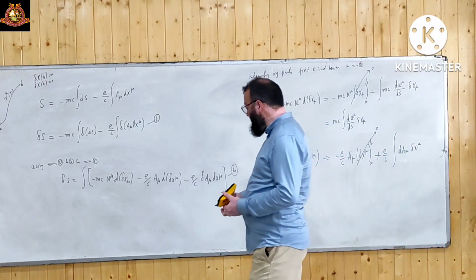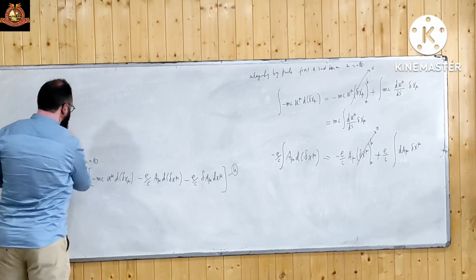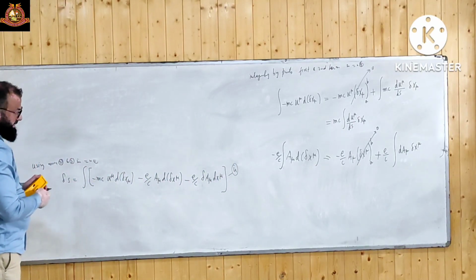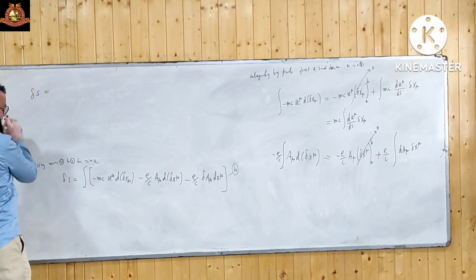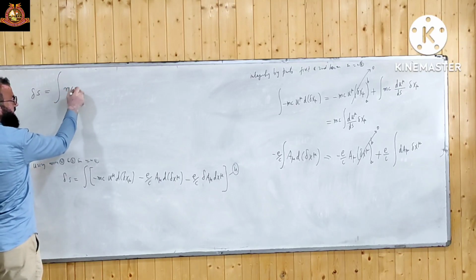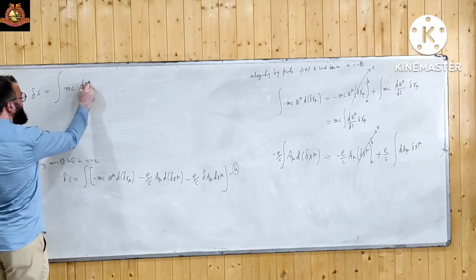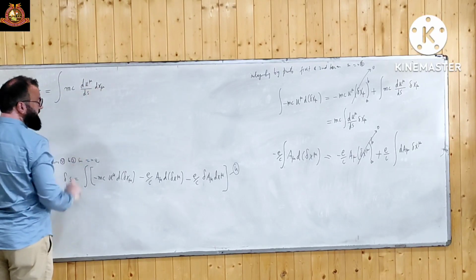Now let's substitute these results back here. So it is the integral. This term becomes mc du mu by ds, and then you have delta x mu. Clear?